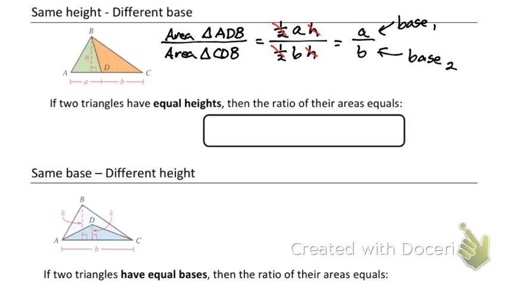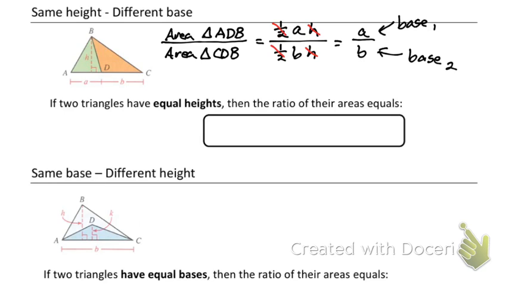Now, pay attention here. Did I square anything? Did we square yesterday when it's similar? Yes. If I say they're similar triangles and I have length to length, we have to square it. If we know they have the exact same height, you're not going to square anything. You're just going to take base 1 divided by base 2.